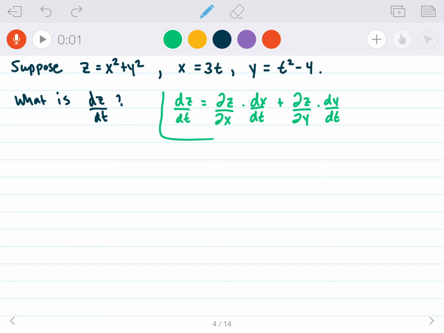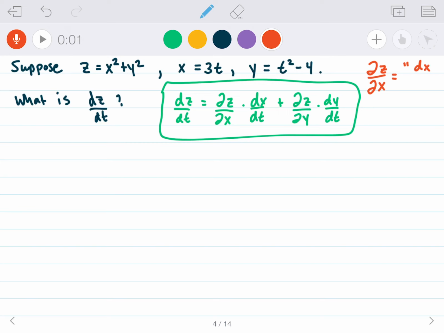And we have this formula that relates all of our variables, so we have the chain rule that we're going to employ here. Now, from here on out, I'm going to treat the partial derivative with respect to x of z like this is dz dx, even though I know that it's not really.